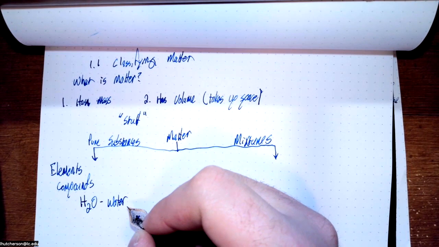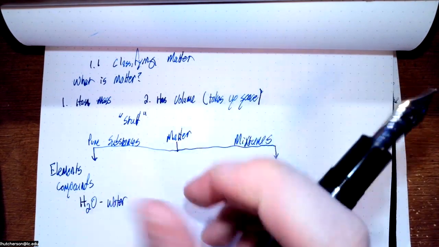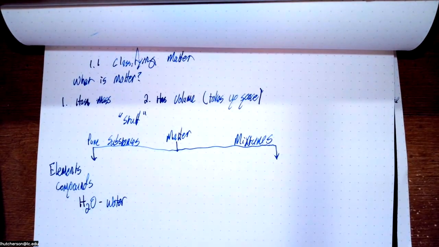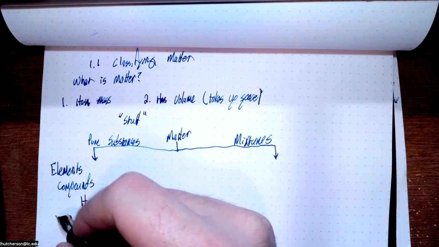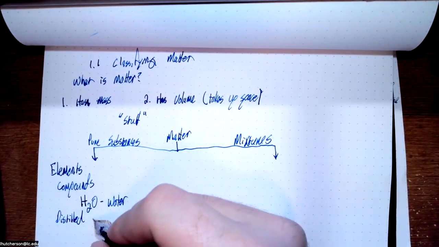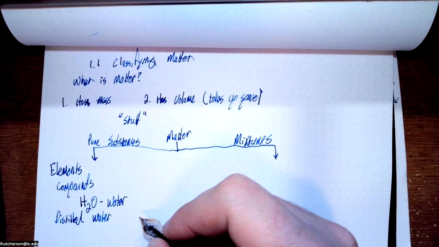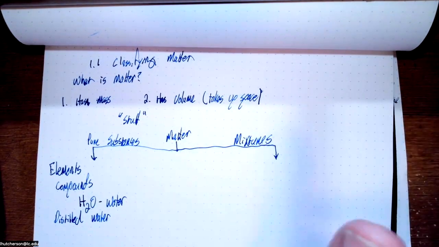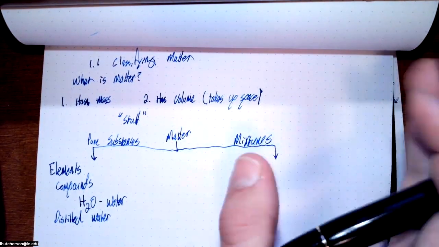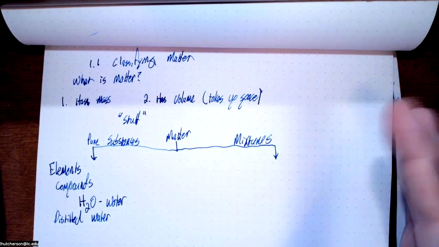Now, if we talk about water being a pure substance, that means water that has nothing else in it. So if we go and we buy distilled water, or if you're in the lab and you use deionized water, basically those two are kind of sort of the same thing. The names are just descriptions of how we get to pure water.